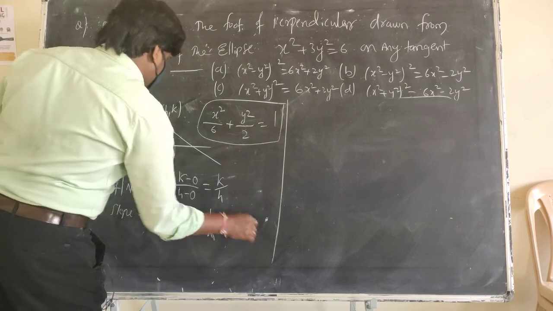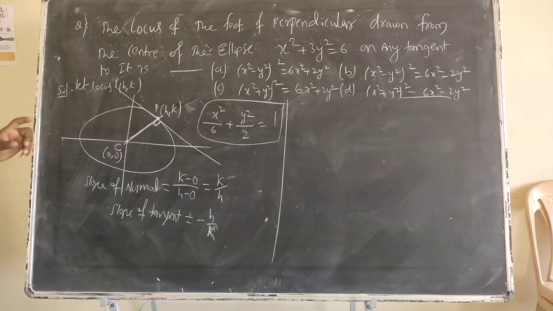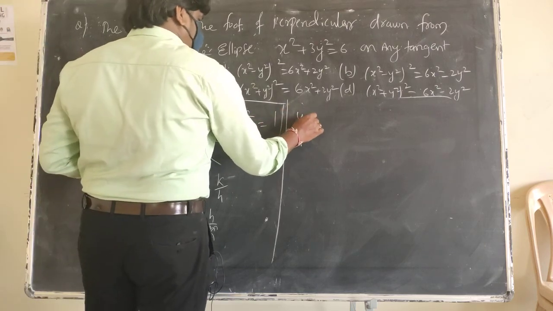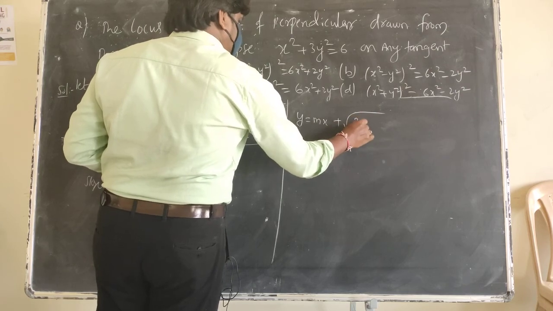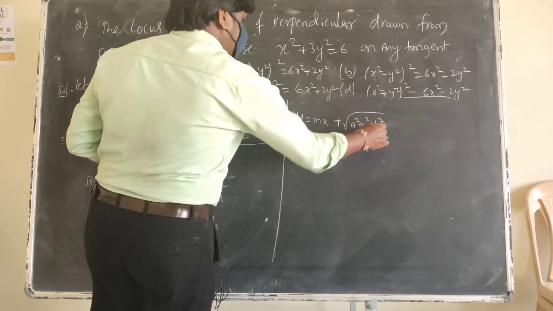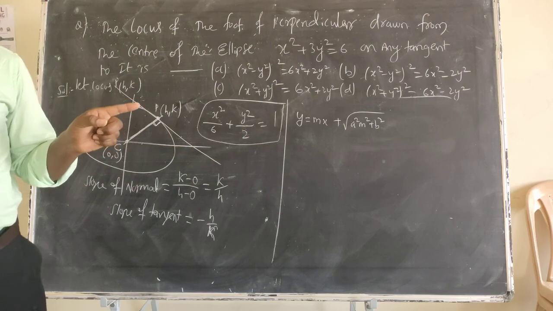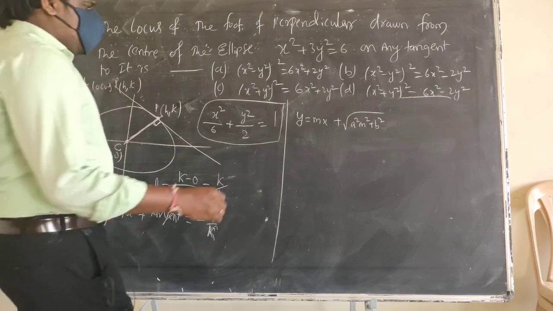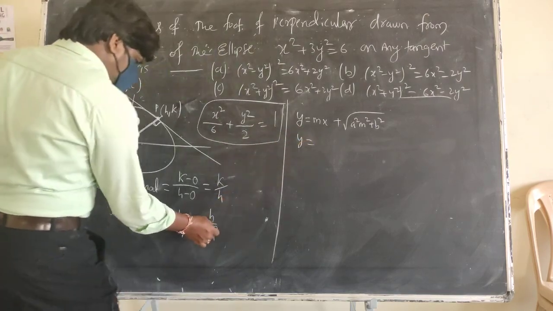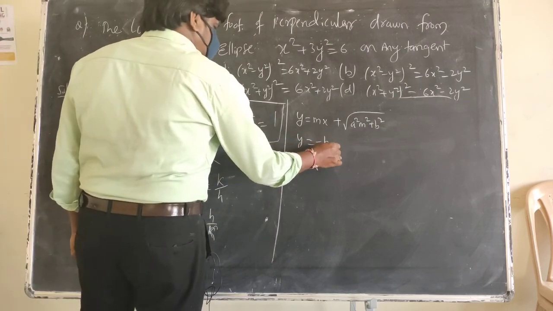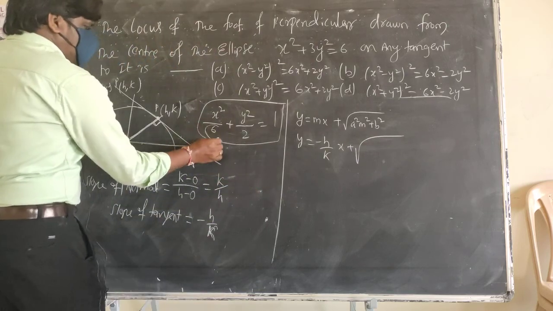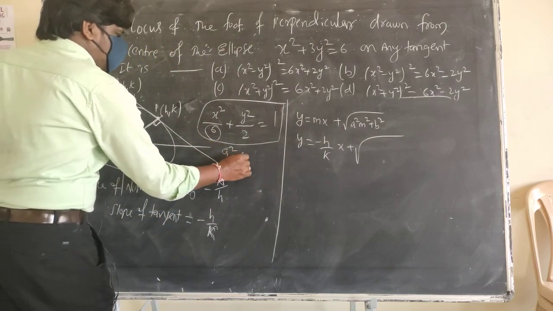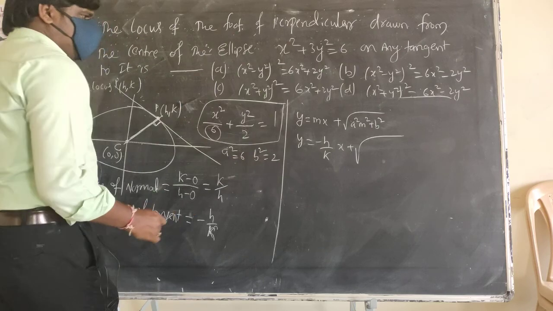To get the equation of the tangent we have the formula y is equal to mx plus or minus under root of a square m square plus b square. Plus only. So y is equal to minus h by k into x plus under root of a square m square plus b square, where a square is equal to 6 and b square is equal to 2.